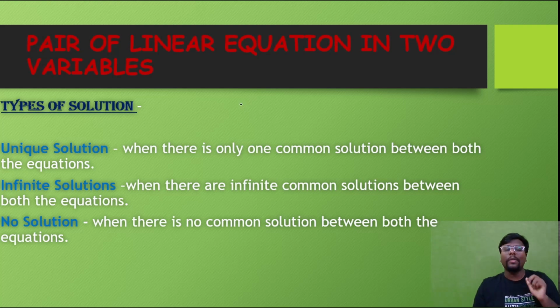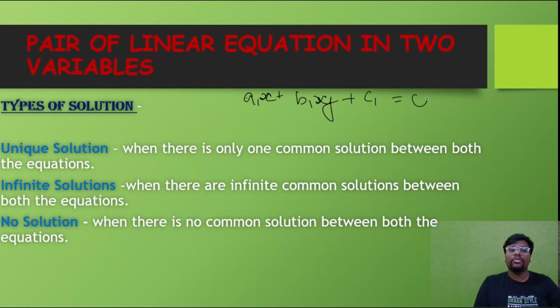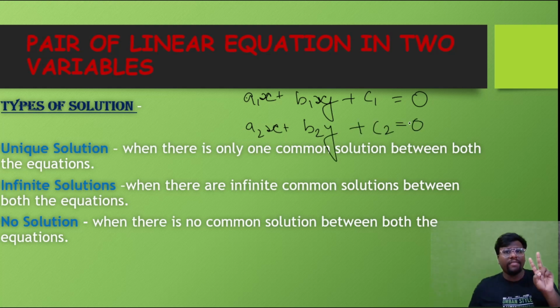Basically we'll be comparing two equations, something like a1x plus b1y plus c1 equals 0, and the other equation can be a2x plus b2y plus c2 equals 0. Now I have one pair of linear equations, basically two linear equations in two variables.